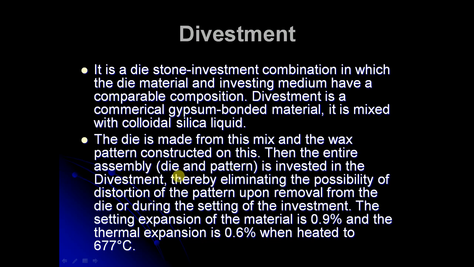Then the entire assembly, die and pattern, is invested in the divestment, thereby eliminating the possibility of distortion of the pattern upon removal from the die. During the setting of the investment, the setting expansion of the material is 0.9% and thermal expansion is 0.6% when heated to 677 degrees Celsius.